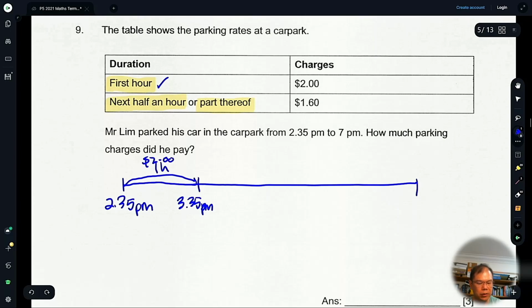Now then we start counting in half hour increments.